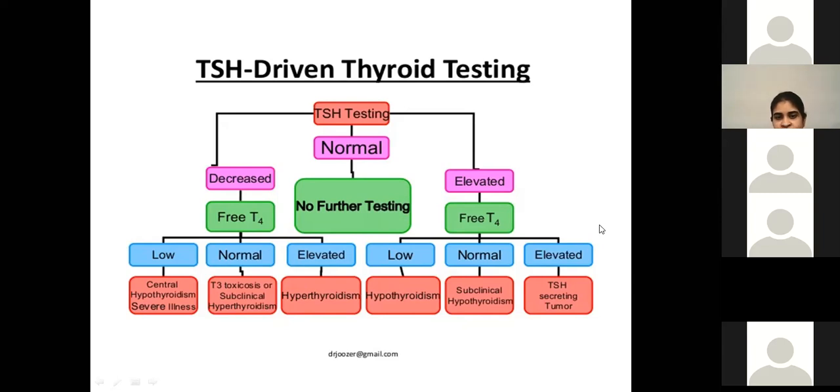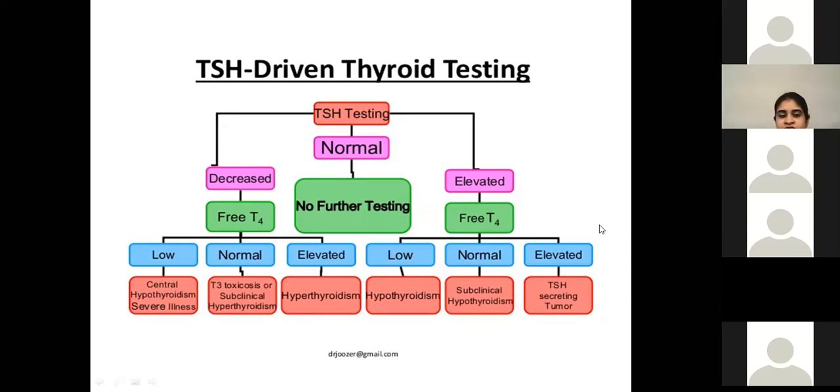Secondly, if you have a low level of TSH with a normal level of free T4, that may indicate T3 toxicosis. So in that case, you will immediately go for a T3 level. And if not, it may also indicate subclinical hyperthyroidism.